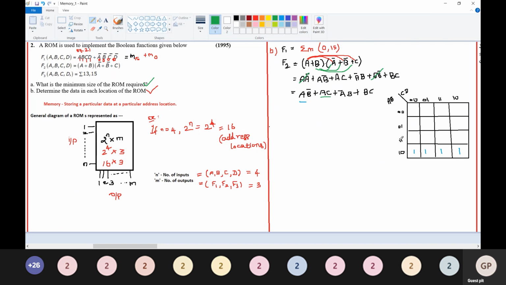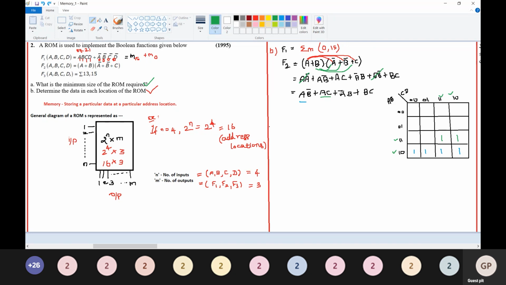A means it should have these two rows, C should have these two columns. That means these two plus these two. So it should have these four ones.